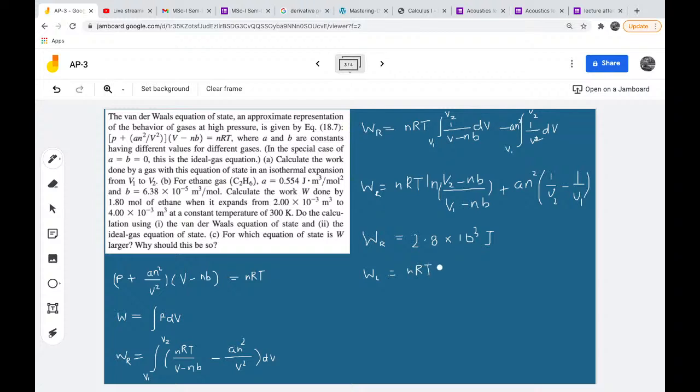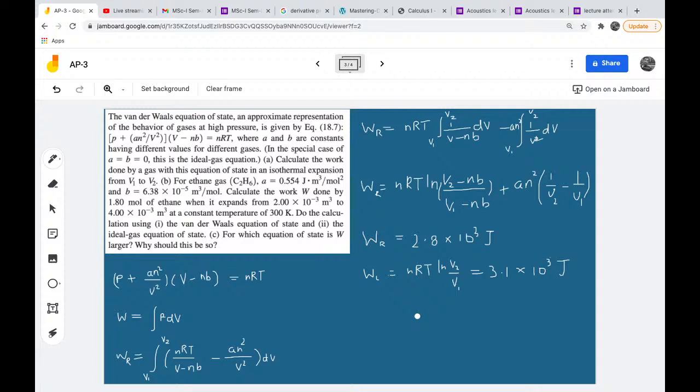We have discussed in the last class, nRT ln V2 by V1. So if I use my values in this equation, the answer that I got was 3.1 into 10 power 3 joule. So that becomes my work done.